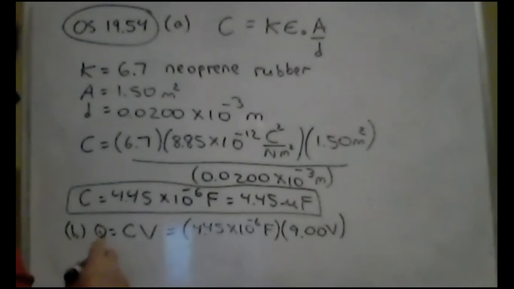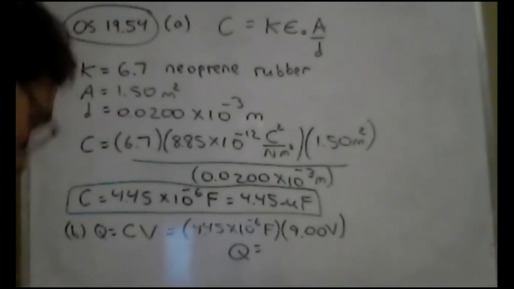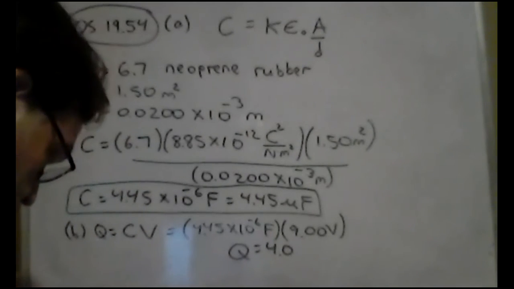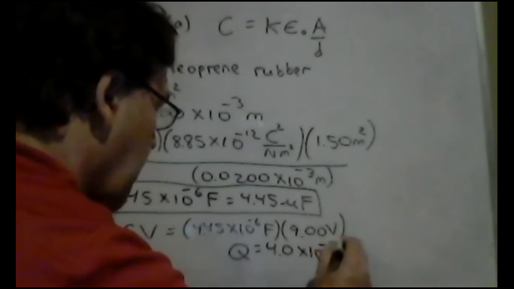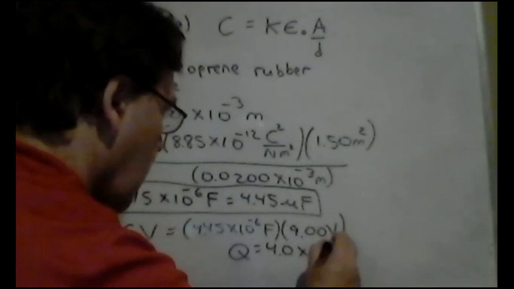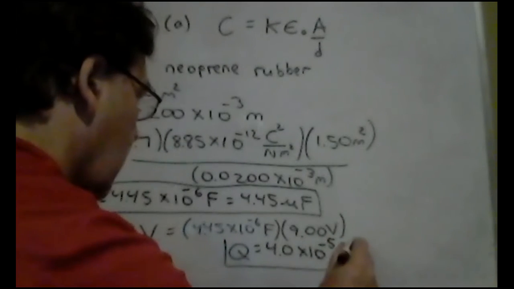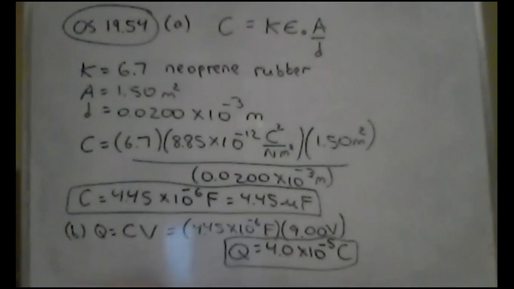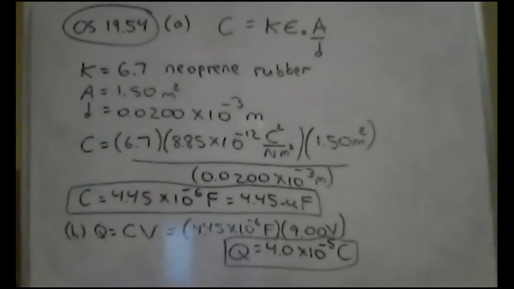And I find that Q is going to be 4.0 times 10 to the negative 5 coulombs. There you are. So again, I designed the capacitor and I used the capacitor.